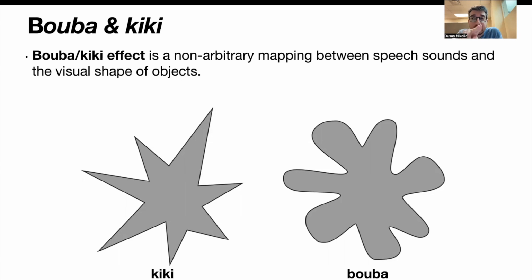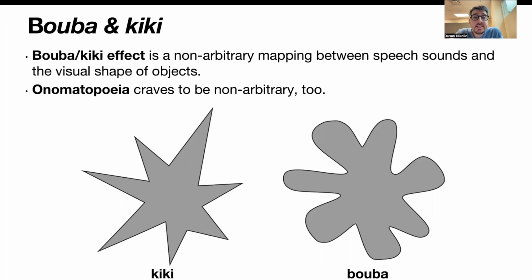So no connection between the actual sounds of the words and the object, right? However, some words, like onomatopoeic words, want to be non-arbitrary, want to resemble the sound as much as they can, as much as our imagination allows.